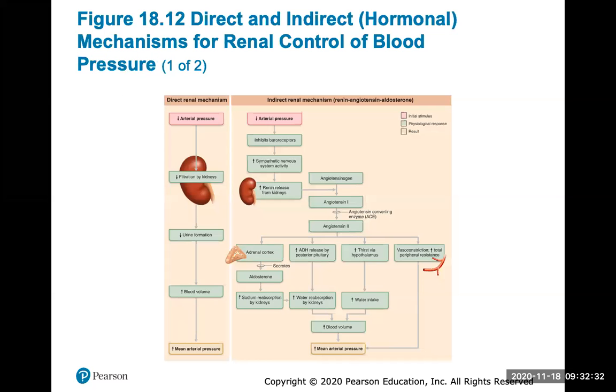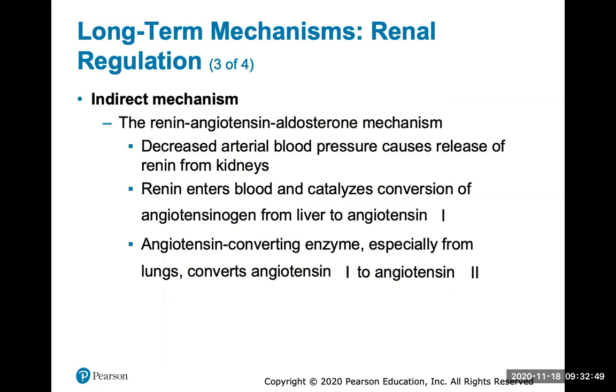And this is a look at a direct and an indirect renal mechanism, going through the renin-angiotensin-aldosterone system, which we talked a little bit about in your endocrine part. The direct renal mechanism either increases urine formation or retains water.